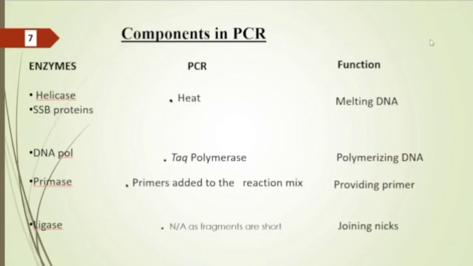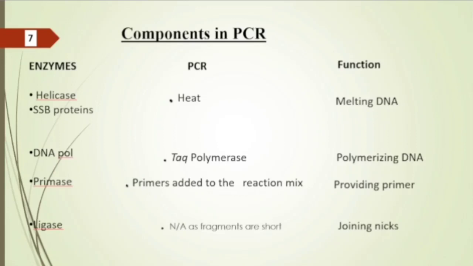What are the components in PCR? There are different components in PCR, but these are assembled in a PCR machine to perform the function. First, helicase enzyme is required to unwind the DNA fragment, and heating is also required to melt the DNA fragments. Single-stranded binding proteins are also required to separate the DNA fragments.